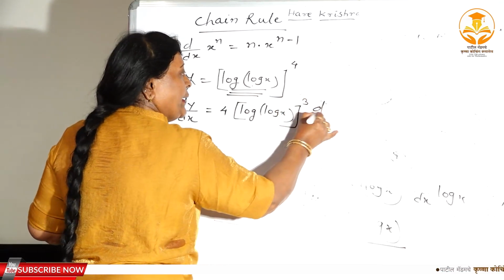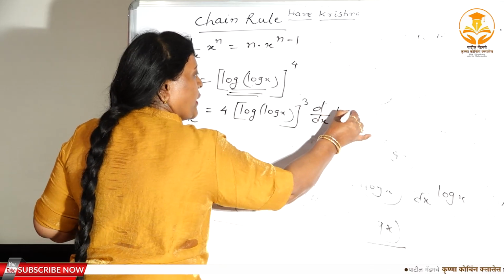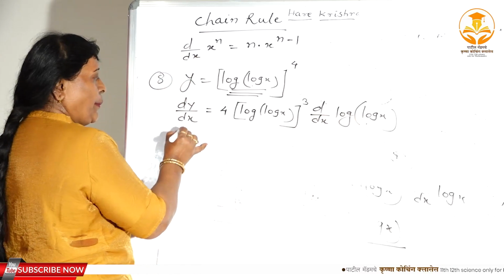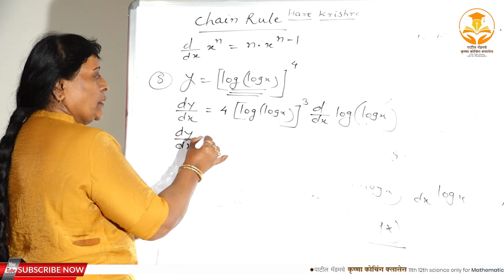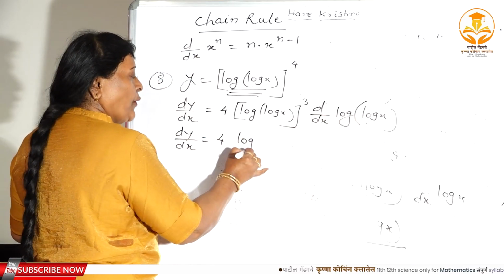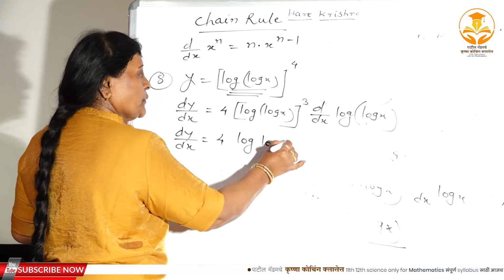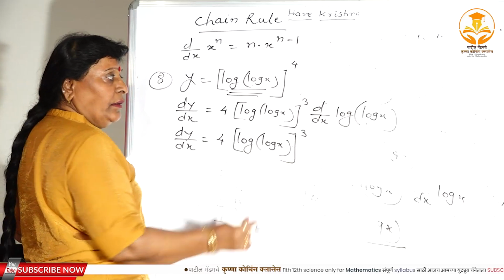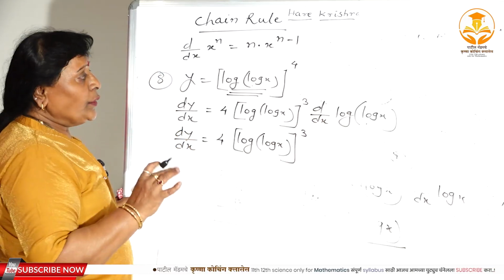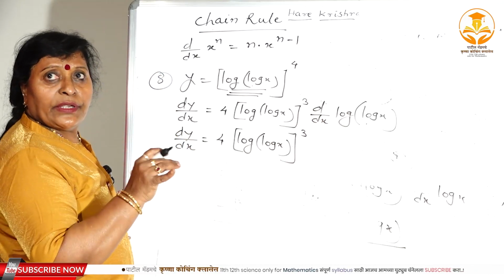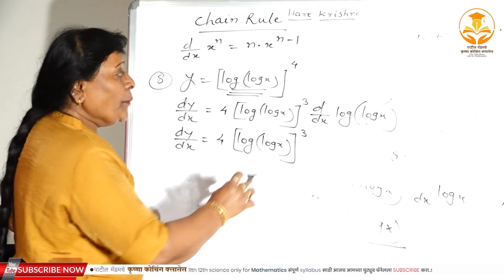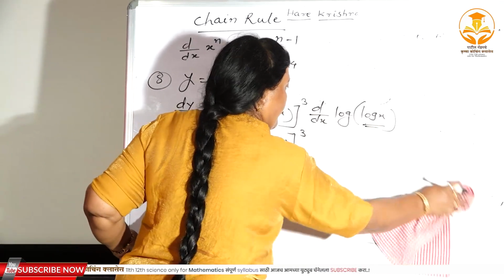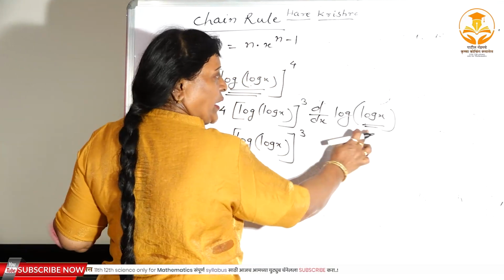Again you have to take d dx of log x, right? Now dy by dx is 4 log of log x whole to the power 3. Now again you can't find the derivative. You know the derivative of log x. What is the derivative of log x? That is 1 by x. But here there is a log of log x. Again here you have to substitute u. See, the derivative of log x is 1 by x.